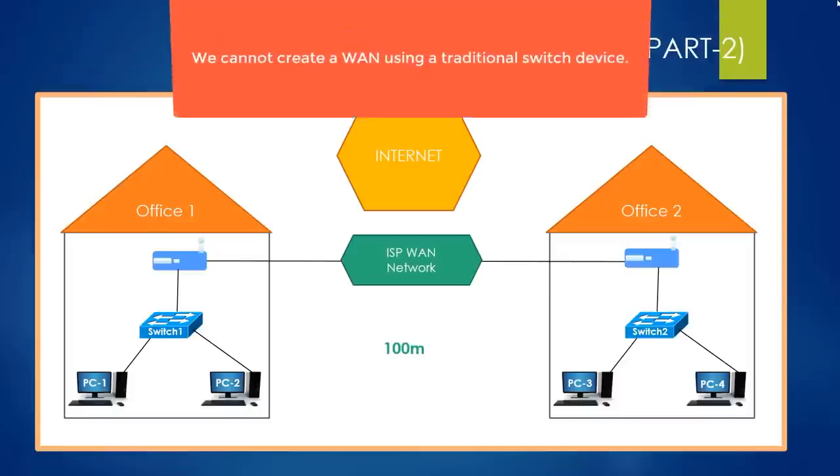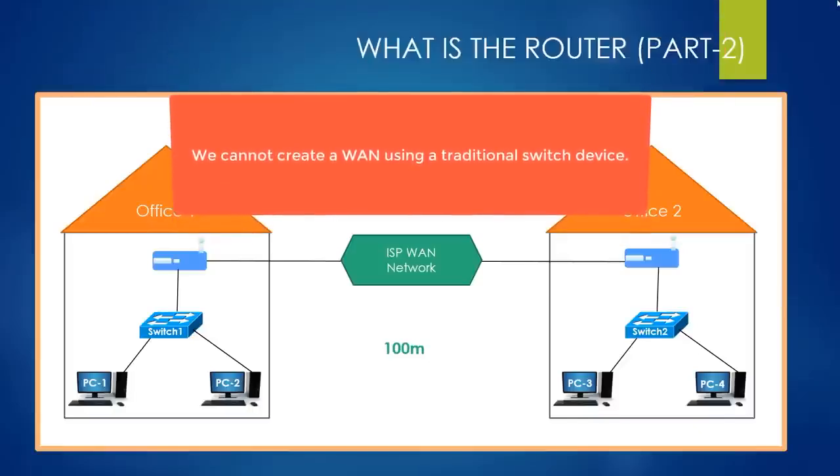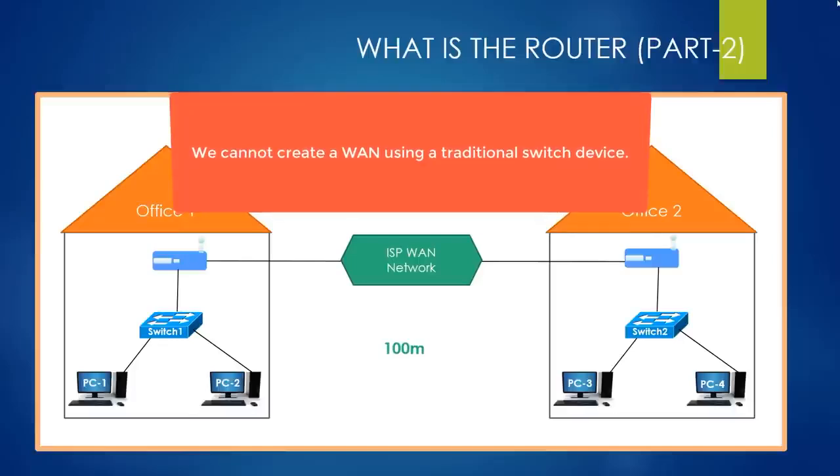This means we cannot create a WAN by using switch devices because a WAN fundamentally represents connection of different LANs. With the help of WAN, different LANs can act as if they are in the same environment. And you know that if we want to connect different LANs, we definitely need a router for this task.